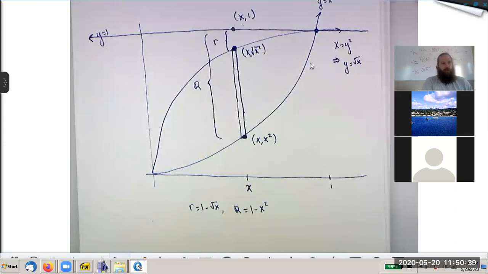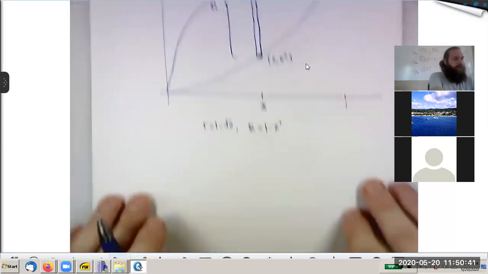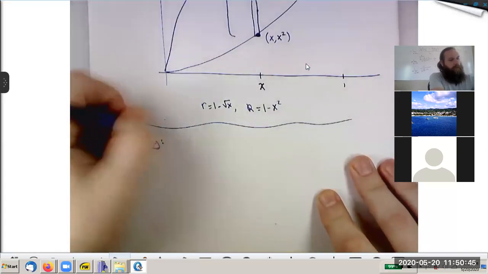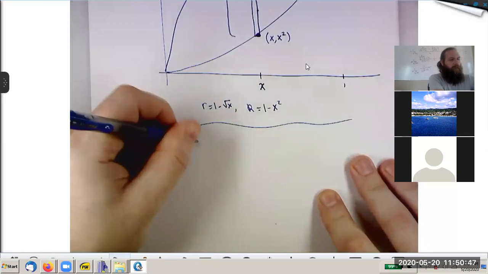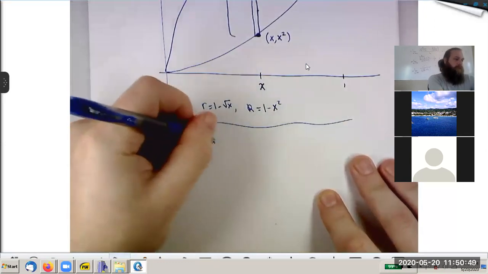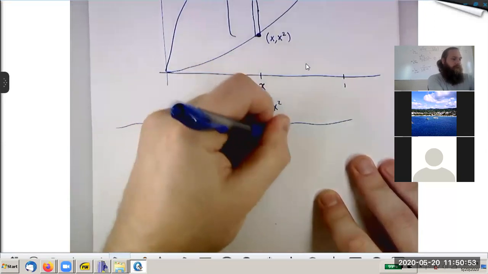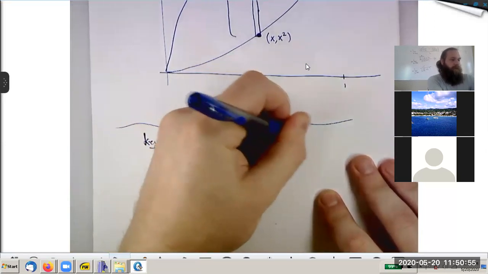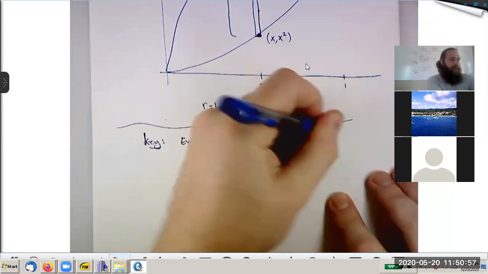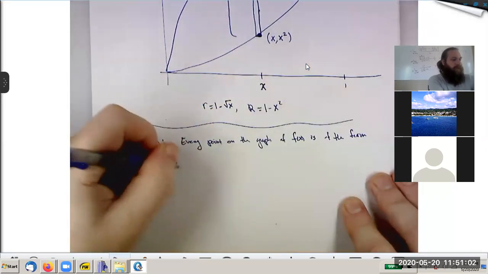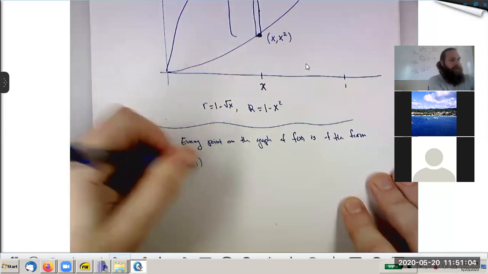And the key observation here, the key thing you need to get this, is that every point on the graph of f of x is of the form x comma f of x.